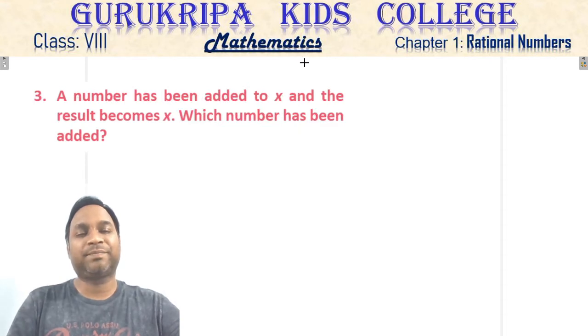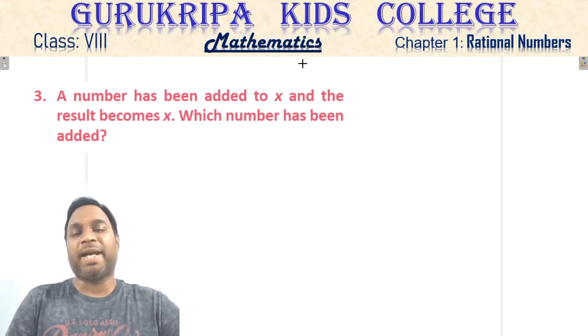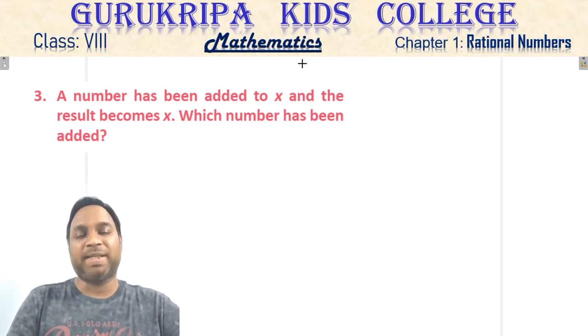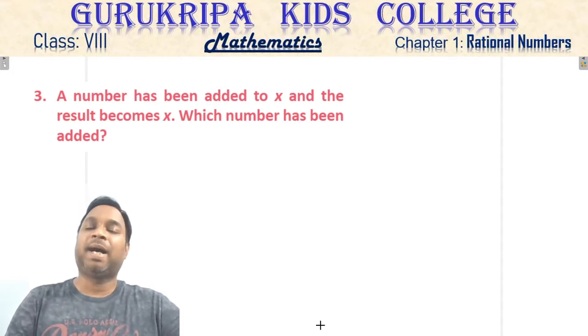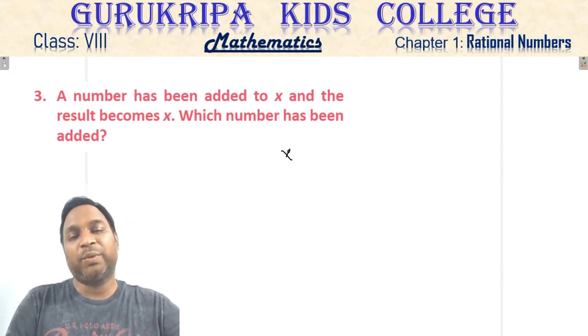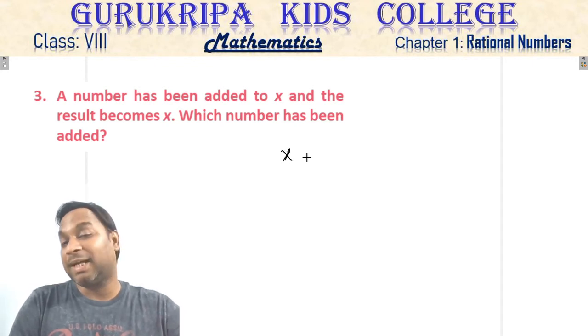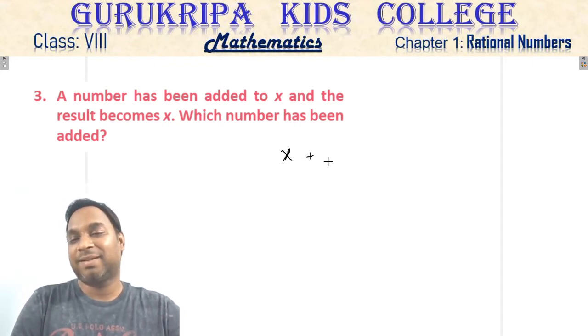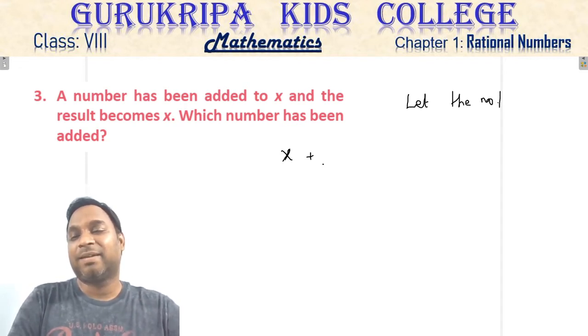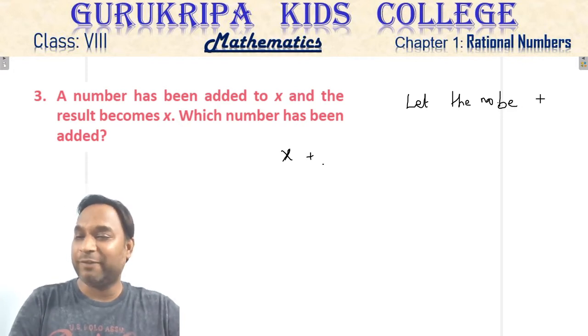Question number 3. A number has been added to X and the result becomes X. Which number has been added? We have this number X and you are adding another number to X. So the other number cannot be X. Generally we say let the number be X, but this time we cannot say X. This time we have to say something else.